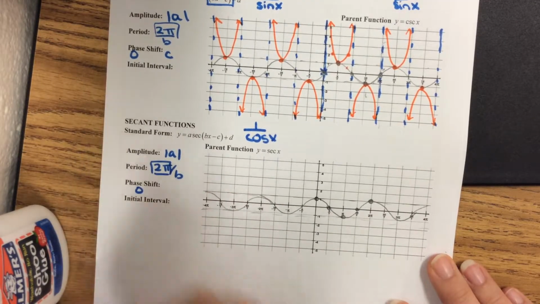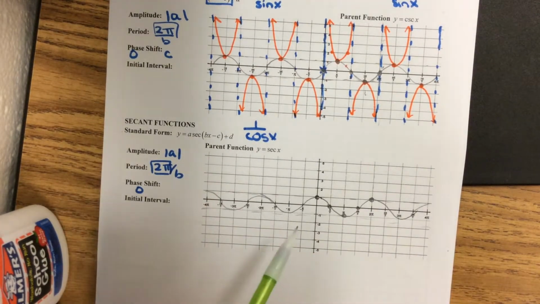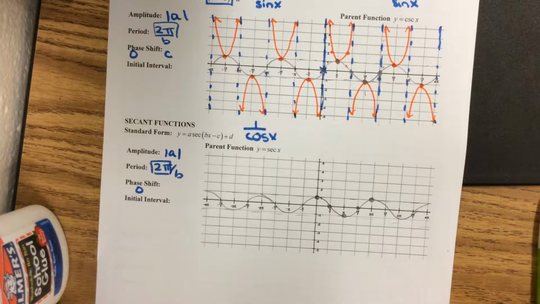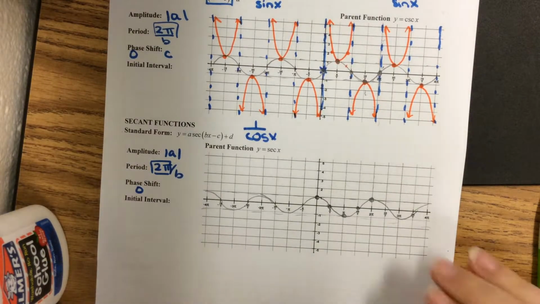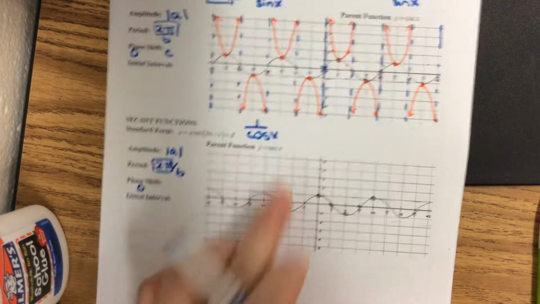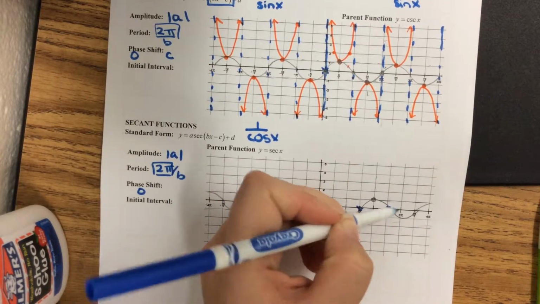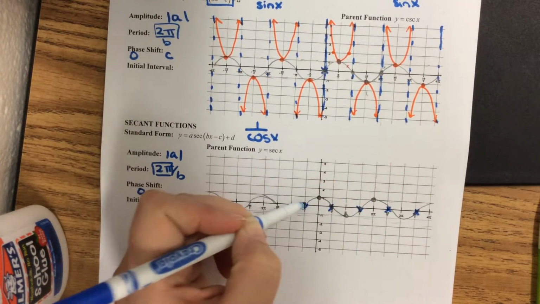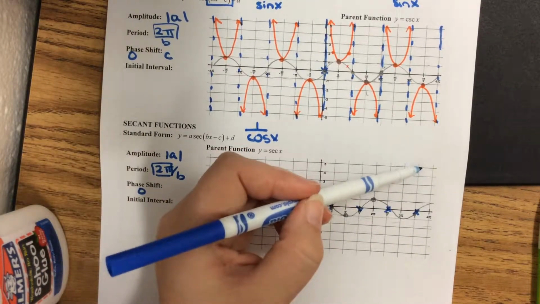And just like with the sine graph, all of the zeros you see here, when we start looking at secant, are going to turn into asymptotes. So as I transfer from the cosine graph that I have here in pencil into the secant graph, everywhere I see a 0, here, here, here, all of these zeros are going to turn into asymptotes because the reciprocal of 0 is undefined.